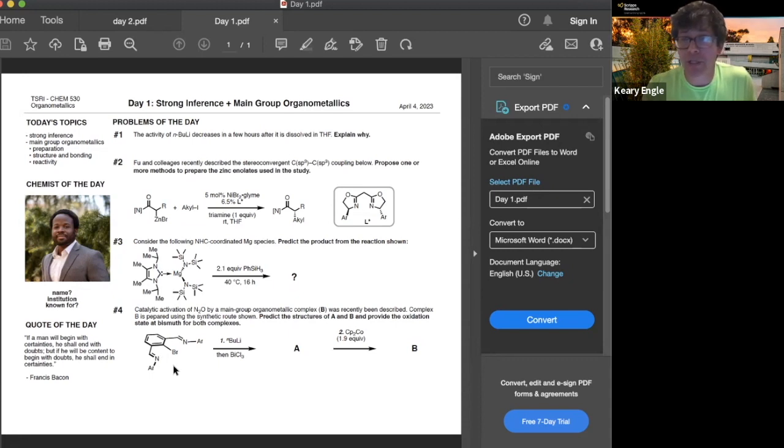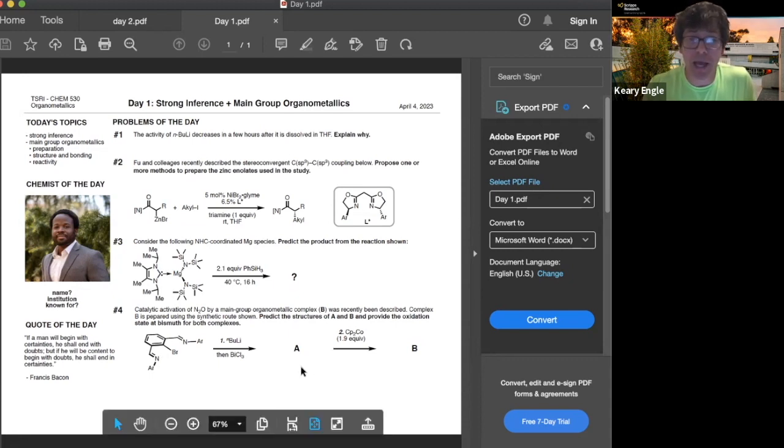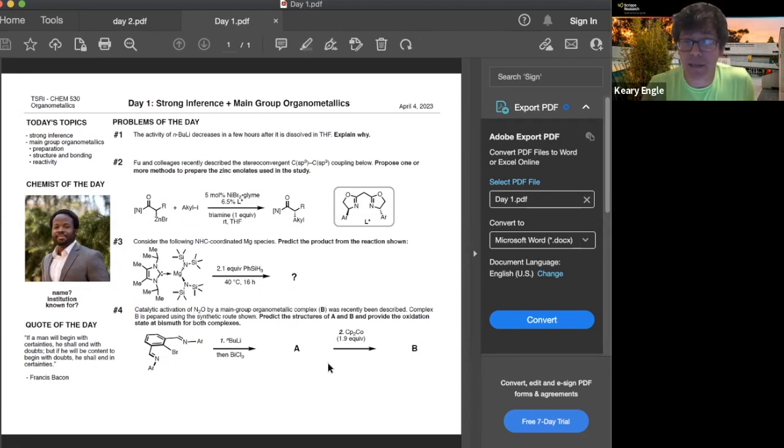That gives us another new species B, and it says here that species B is a catalyst for oxygen atom transfer from N2O. And this specific example is from the lab of Pep Cornella.